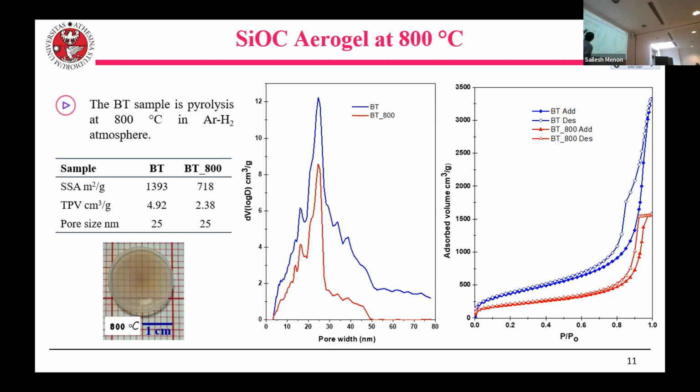Therefore, the specific surface area and the pore volume decrease by half if pyrolyzed at 800 degrees centigrade.